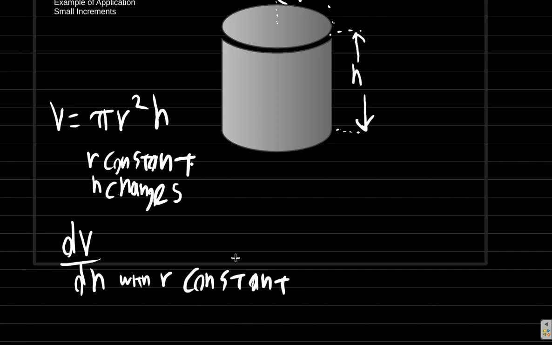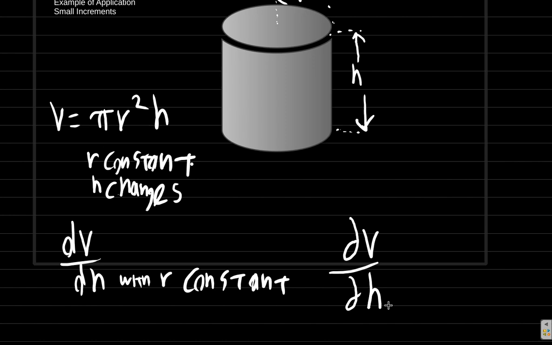But as we have seen earlier in previous videos, instead of saying dV by dh and making note that r is constant, what we write is this type of delta V by delta h. It means that we're differentiating V with respect to h while keeping other values constant for now.